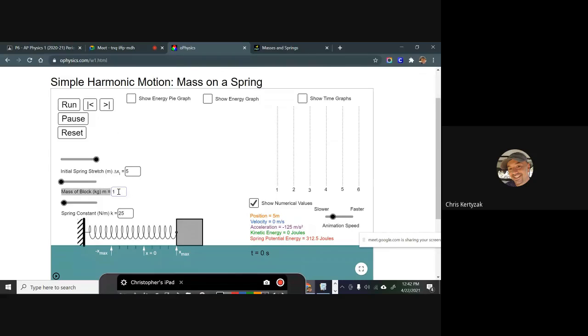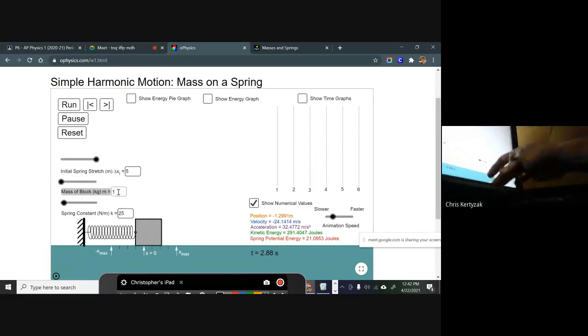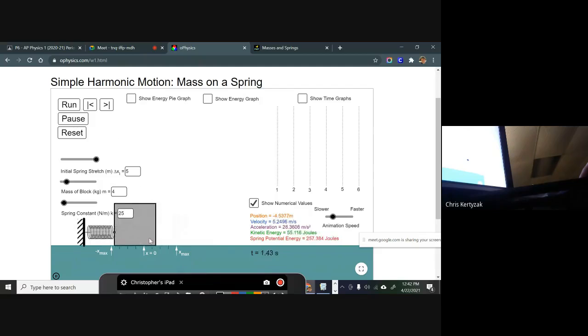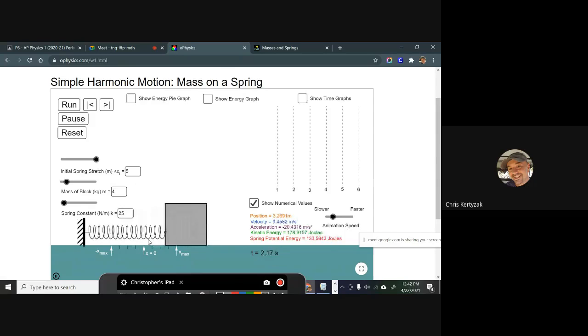Sorry, well, let's just leave it at 1 then, and run it. Pretty slow, right? On the other hand, if I were to put much more mass on here, let's say 4, play it, the same spring constant, it's going much more slowly through its cycle, right? So reminding you that there's that connection again.